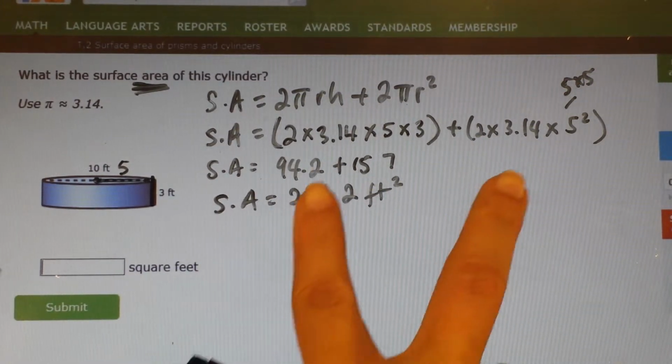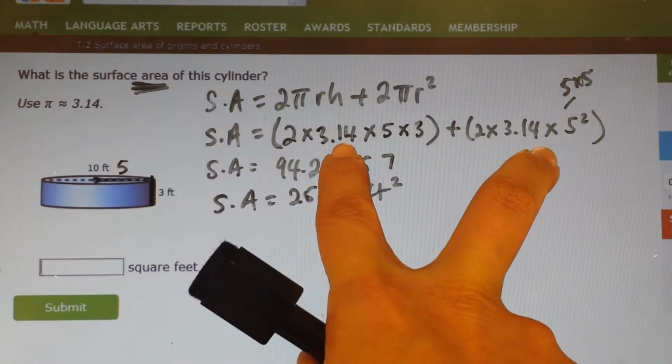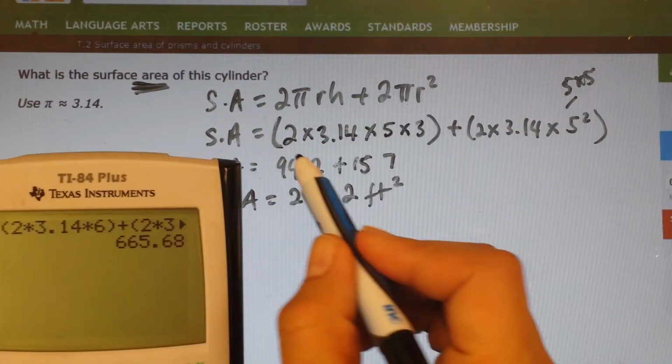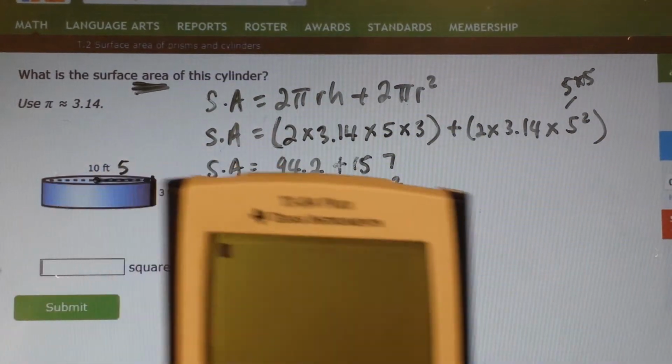I just want to show you real quick how to put this in the calculator a little bit faster if you have a scientific calculator. If you have a scientific calculator, you can actually put the whole thing in just the way you see it.